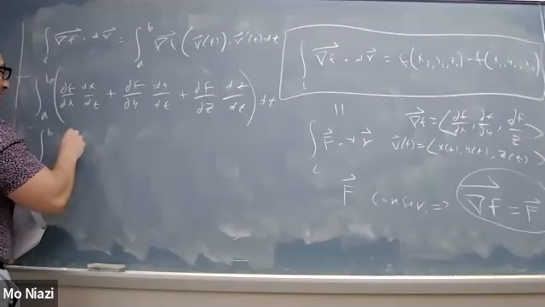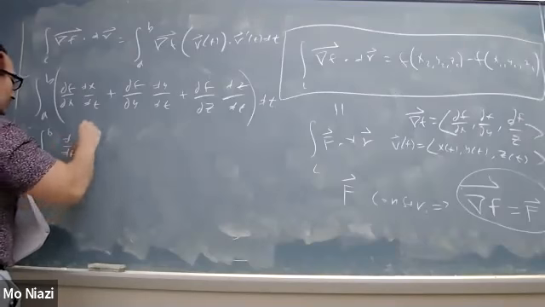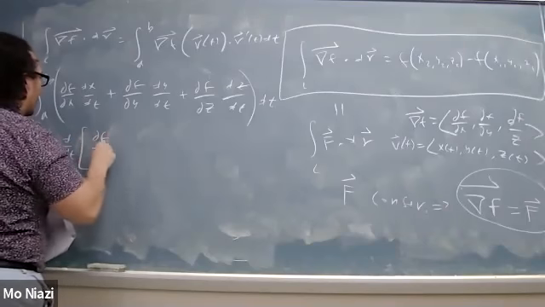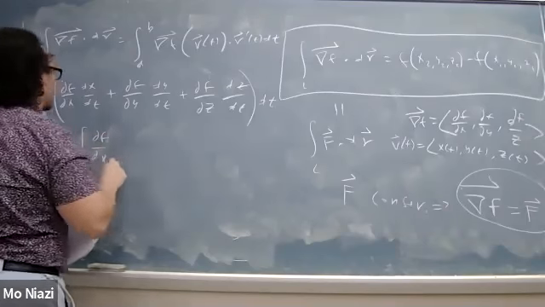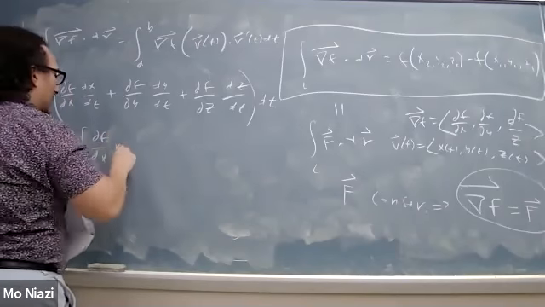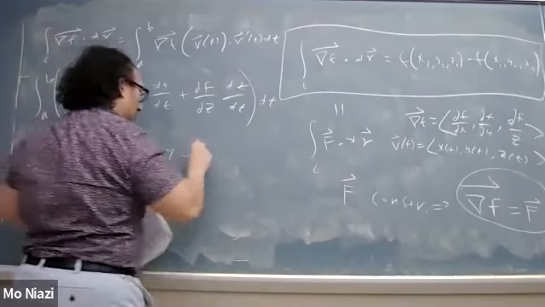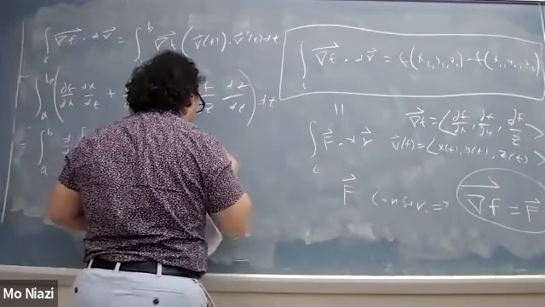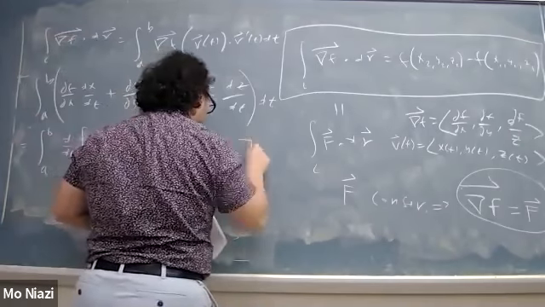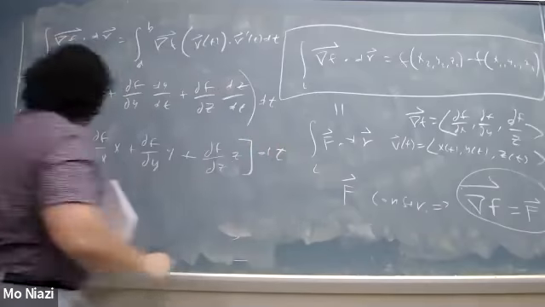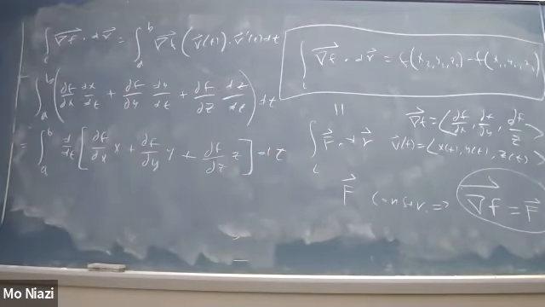We can pull out a d/dt of partial f, partial x plus partial f, partial y plus partial f, partial z dt. But look, d/dt, there's a dt there. The fundamental theorem of calculus says that the integral goes away.